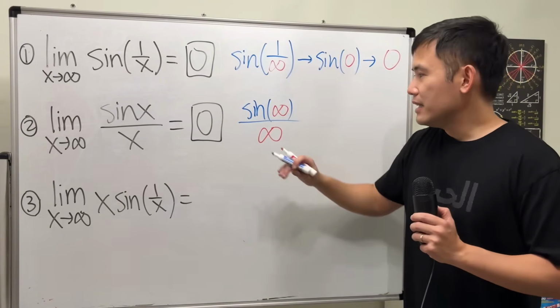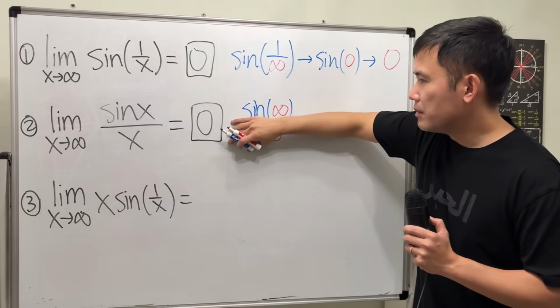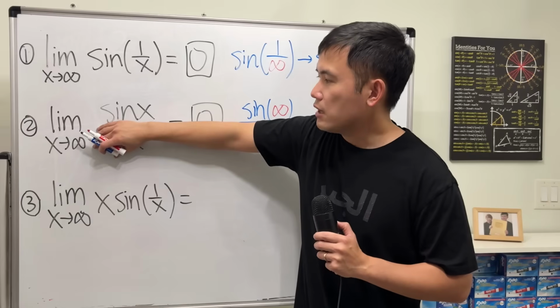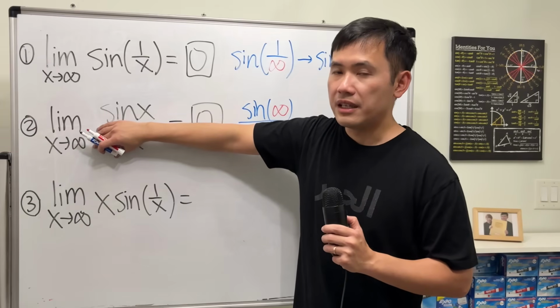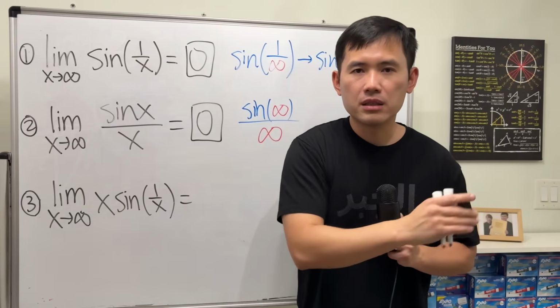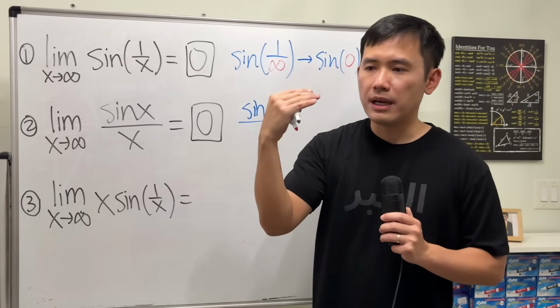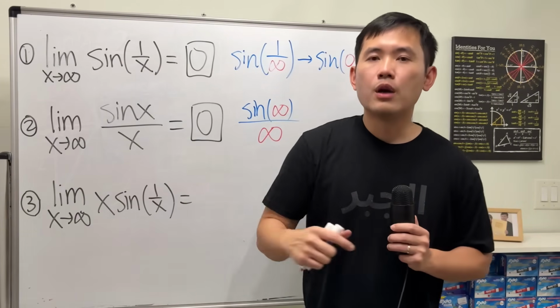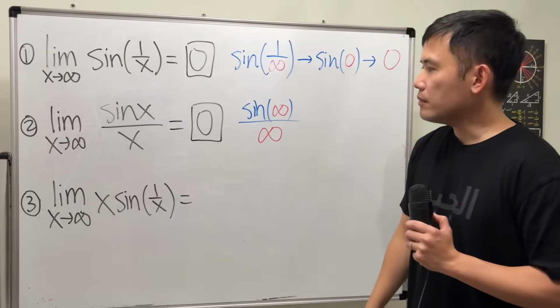In fact, if you just have the limit as x approaching infinity of sine of x, that does not exist because the sine function goes up and down in between of -1 and +1. The sine function does not approach a y value when x goes to infinity.